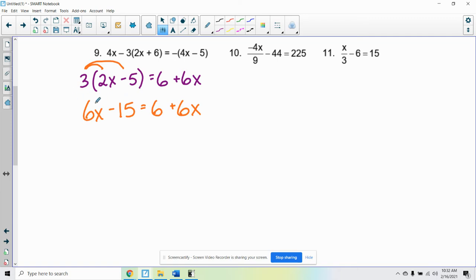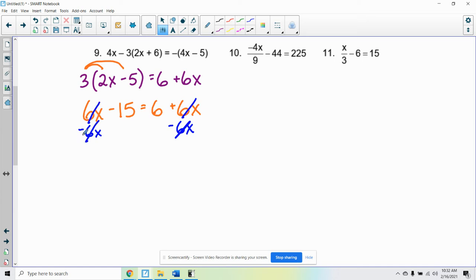So then I'm back in the same boat I always was. I want to get everything on the one side. So I'm going to get my variables on the left-hand side. Again, you could solve this by adding 15. You could subtract 6. But I'm going to subtract 6x from both sides. So you'll notice that this 6x and this 6x go away.